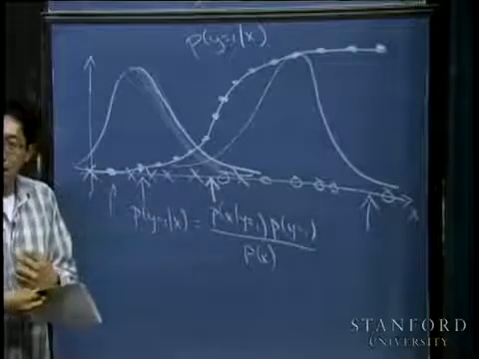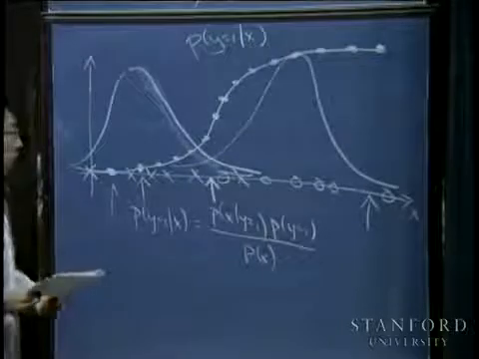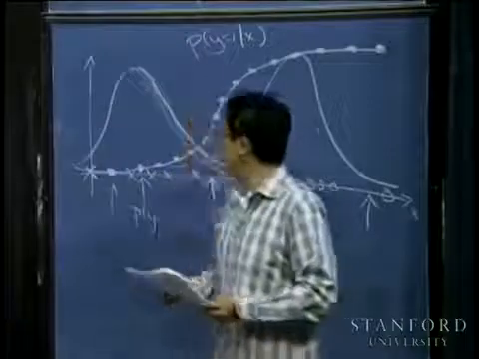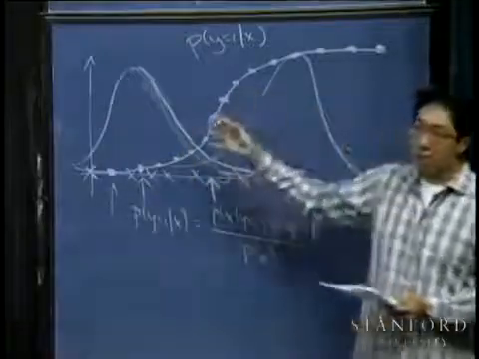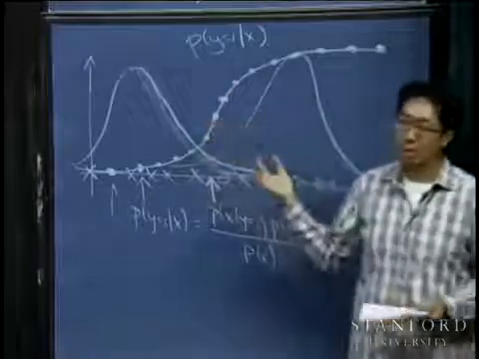Okay? But the key difference is that Gaussian discriminant analysis will end up choosing a different position and steepness of the sigmoid than logistic regression.